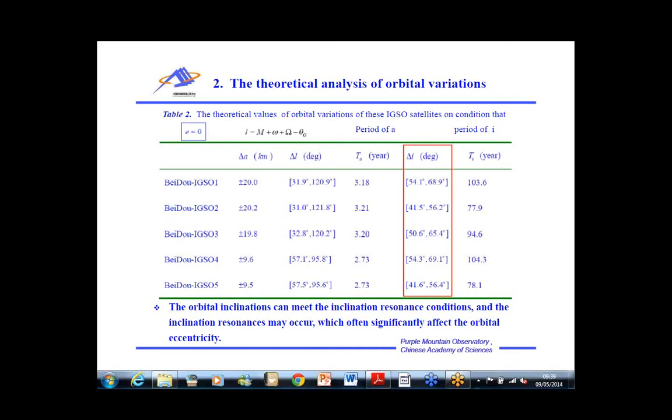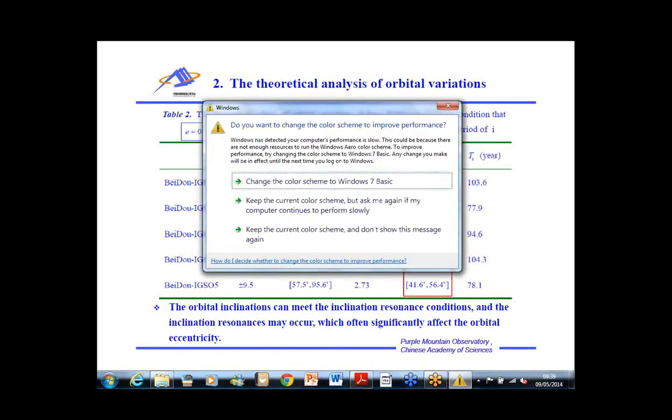This table 2 shows theoretical values from our analysis.